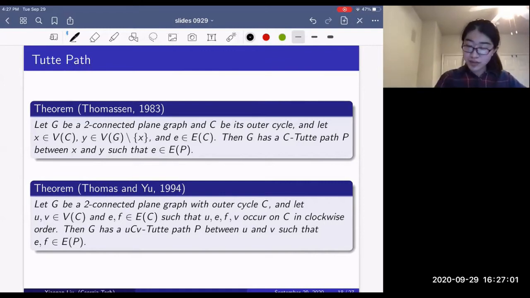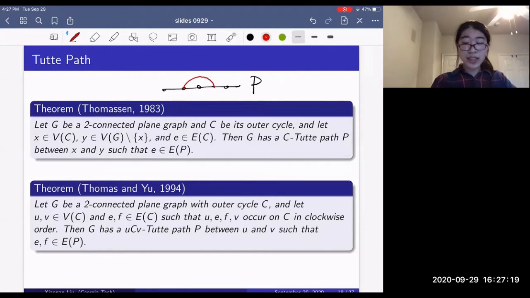For a path P, a bridge of P is an edge not contained in the path whose two incident vertices are both contained in the path. This is called a bridge.